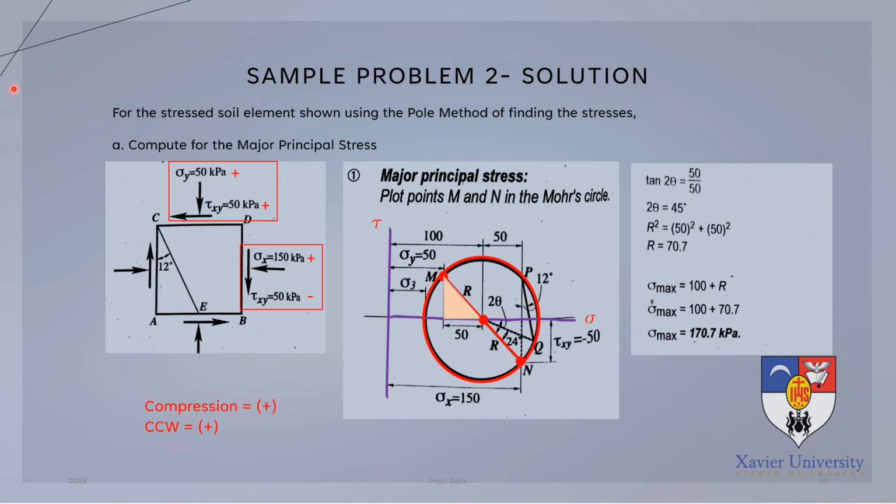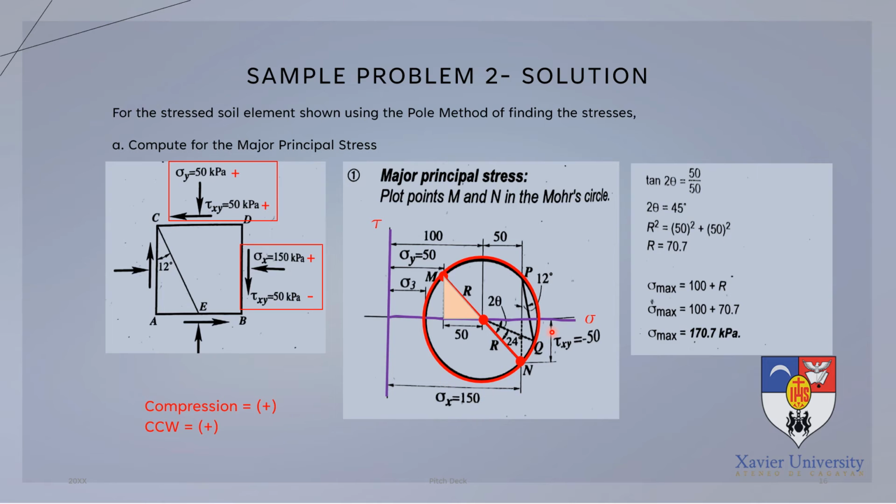Okay. So the next one, we are asked to compute for the major principal stress. Actually, ang kanang major principal stress, mao na siya ang maximum normal stress sa ato ang Mohr circle. No? Kay our principal stress is the normal stress man.